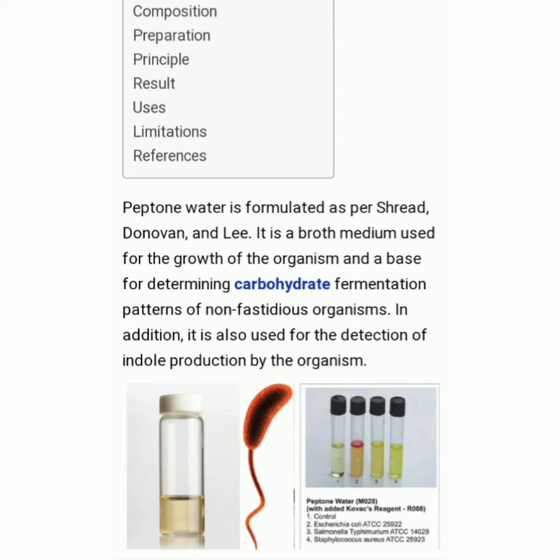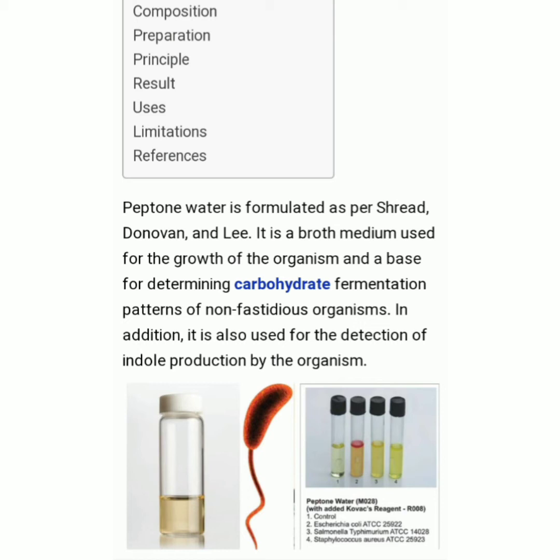It is an important point here that you cannot grow fastidious organisms in this media. You can grow only non-fastidious organisms. In addition, you can also detect indole production by any organism which produces indole, right?